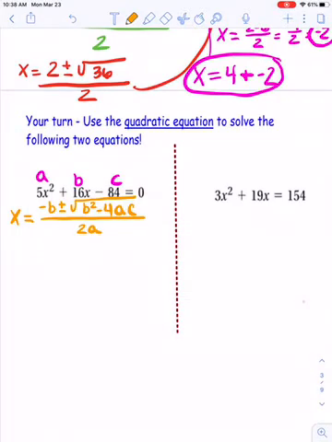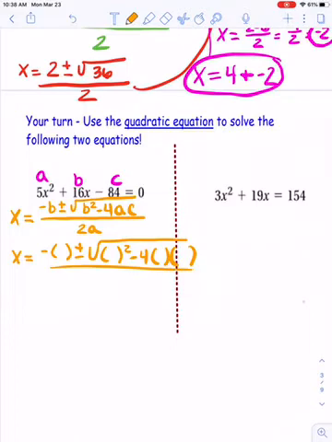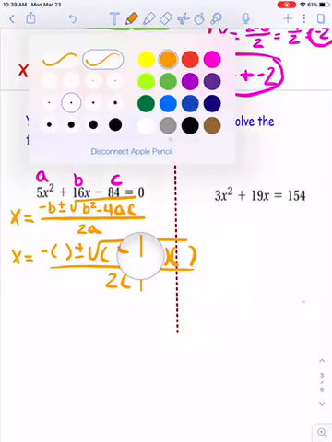All right. So now I'm going to rewrite it, and I'm going to put parentheses wherever I have variables. So negative b plus or minus the square root of b squared minus 4 times a times c all over 2a. From here, I get to go ahead and just plug in my values.